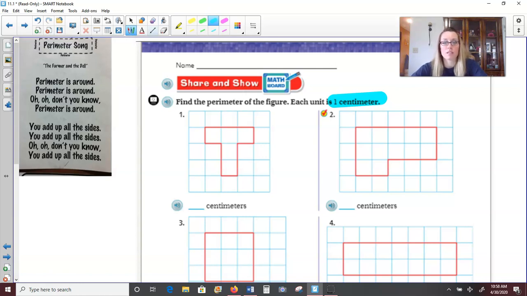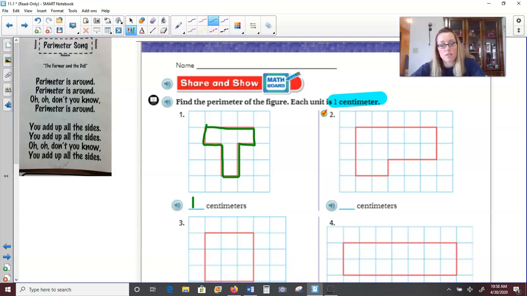in centimeters. All right, so let's count the units, and you can go any direction you want. I'm just going to go clockwise, I guess. So 3 across the top, 4, 5, 6, 7, 8, 9, 10, 11, 12.